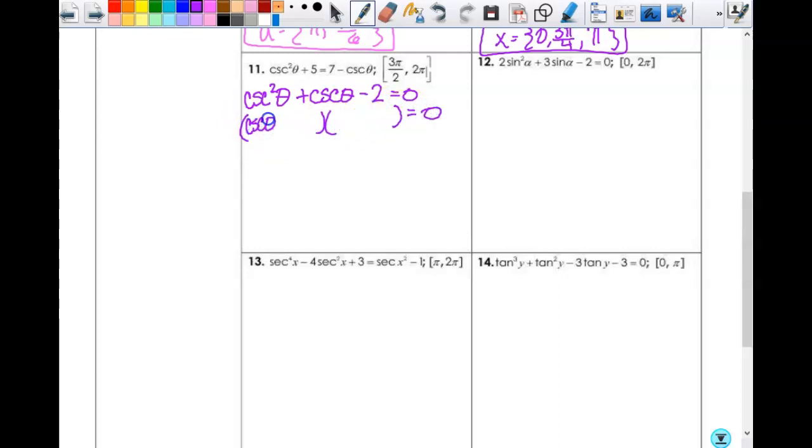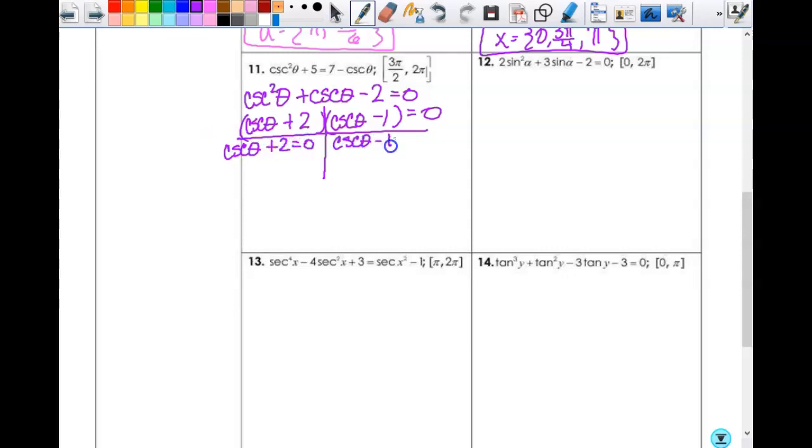Get cosecant theta and cosecant theta, plus 2 and minus 1, because algebra.